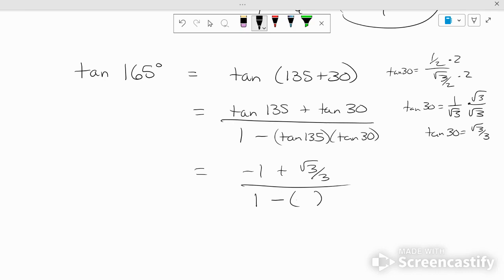Kind of an ugly fraction, but it's all right. Tangent of 135 we said was -1. Tangent of 30 is square root of 3 over 3. So your numerator is -1 plus square root of 3 over 3. Your denominator is 1 plus the square root of 3 over 3. What problem do we have with this answer?